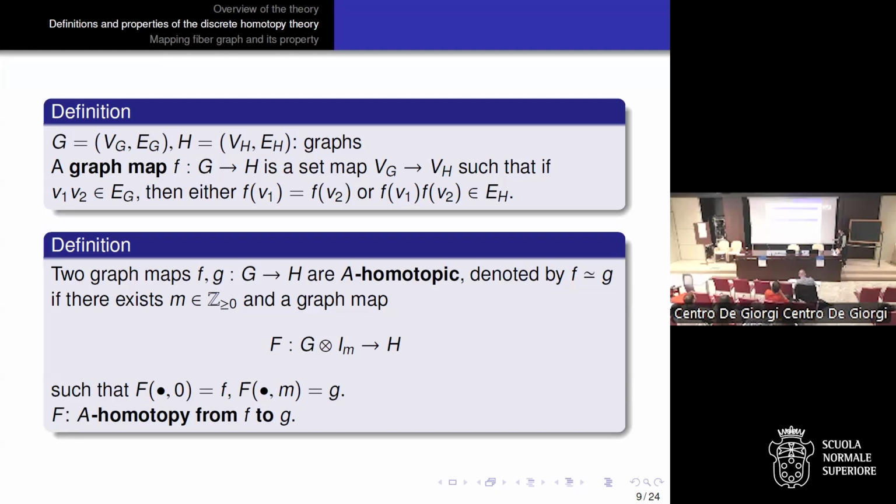Now we can define a homotopy between two graph maps F and G as follows. Consider two graph maps F, G. They are homotopic if there exists an integer m and a graph map from G tensor I_m to H such that F0 is F and F_m equals G. Then we call these two graph maps homotopic, and this actually gives an equivalence relation.